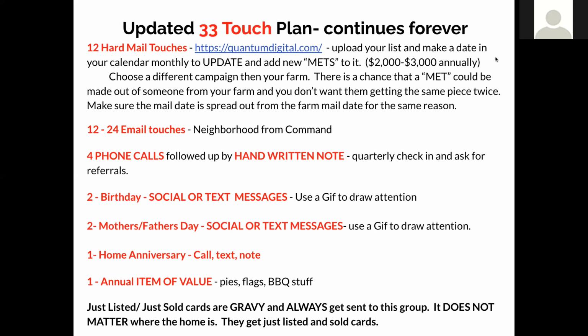I don't care where the house is. They know you. They know your name. They know your face. They're going to say, oh, look, they sold another one. Oh, look at this beautiful listing they have, right? It doesn't matter where it is. It's gravy. So these people in your database are also going to always get your just listed, just sold cards. So that could be another 12, another 24 touches a year that these people are going to get.